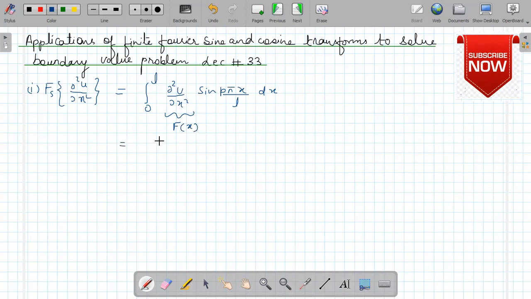This is our first function, and this is taken as the second function. So first function into integration of second function.